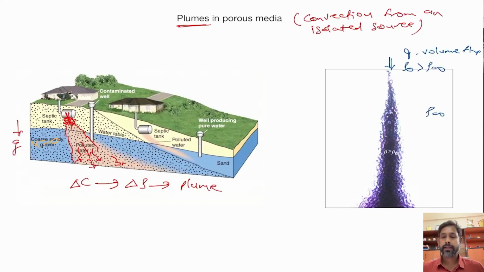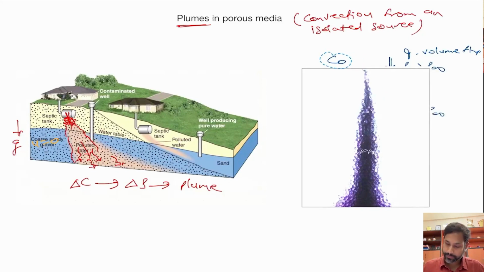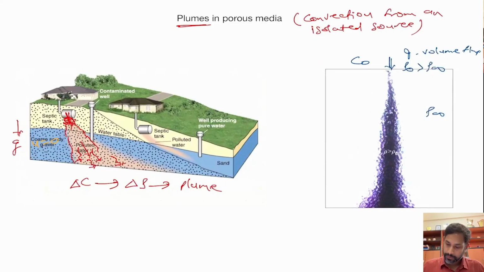Okay, so it is denser than the ambient density, so it must be going down. And as a result of rho naught, there is a concentration, let's say C naught, which is greater than C infinity, and we'll assume that C infinity here is 0.